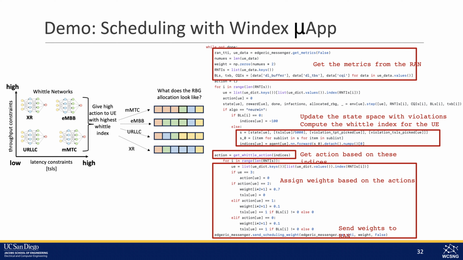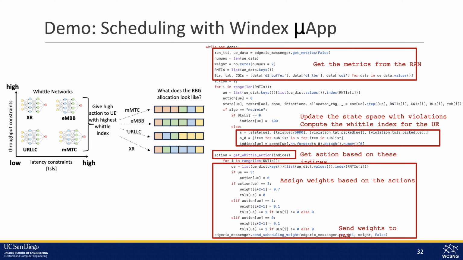This is how we get the reward formulation, which is basically a convex combination of the throughput and the required service violations, where we take the throughput as the reward function. And finally, what the network learns is the Whittle indices of each of these specific service classes.